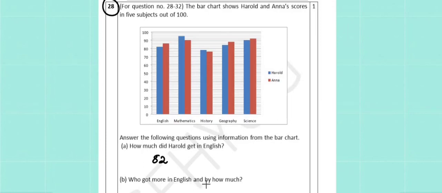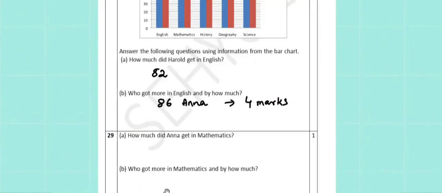So, in part B, who got more in English and by how much? So, we know Harold got 82 and Anna has got 2 stripes above 80. So, 2 2s are 4 marks more than 80, and that is 86. So, Anna got 86 and she got 4 marks more than 82.